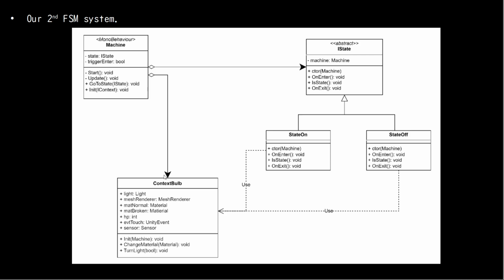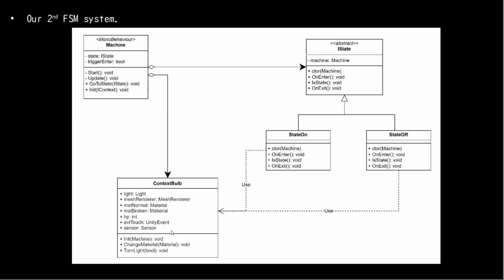All right, so just like you can see, for the member variable parts, only the context bulb class has the light component, it has the mesh renderer component, it knows which is the normal material and broken material, and it also has a variable of health point, and it also has some events and other classes.